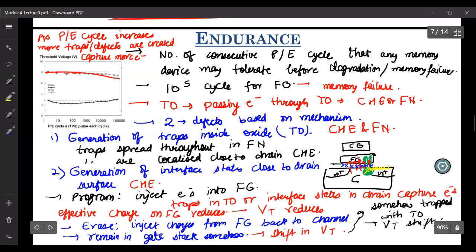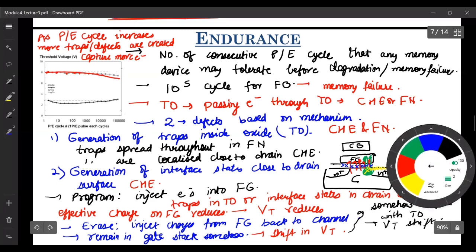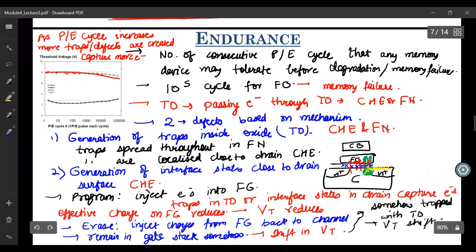And the direction of the shift depends on the type of trap which captures your electrons.